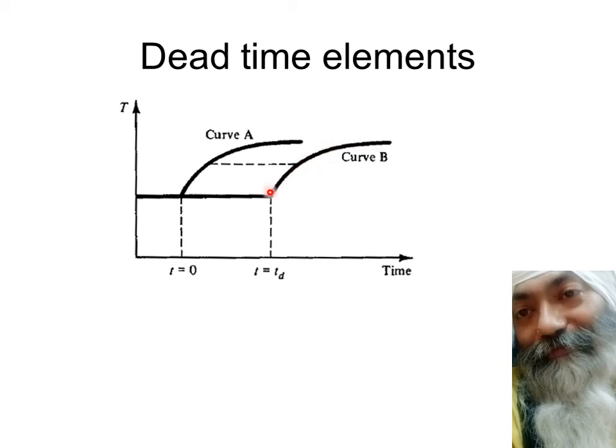But this is the period for which nothing happens at the second end of the pipe, because of the transport delay, as we had earlier been sharing with you. And this transport delay is given by t equal to TD.